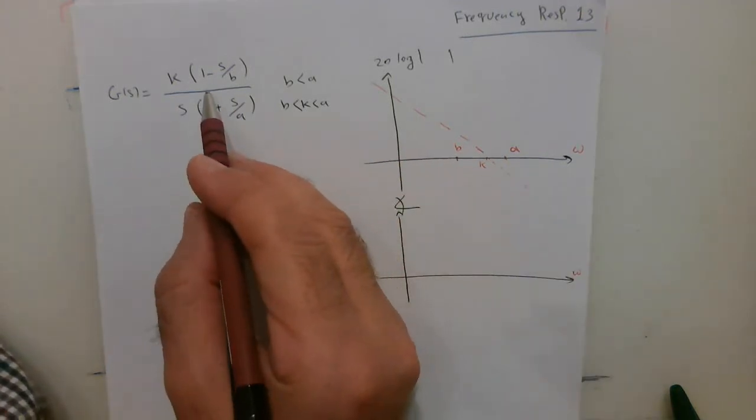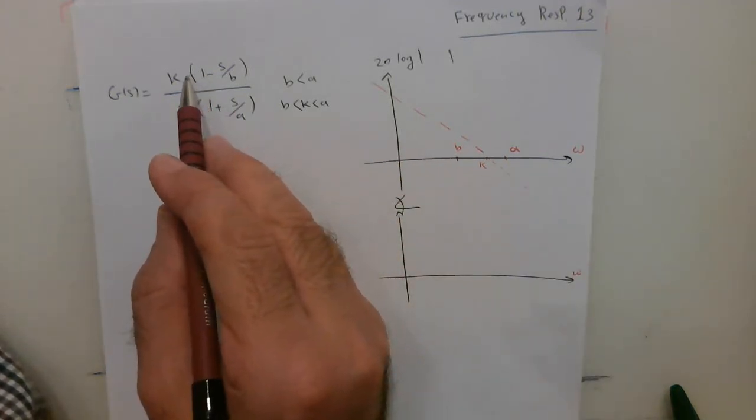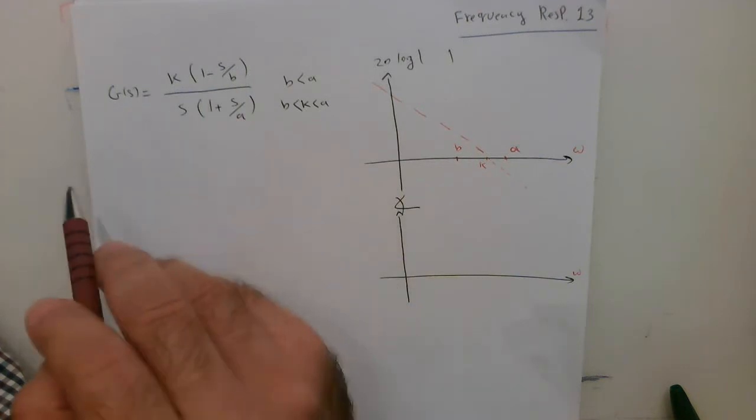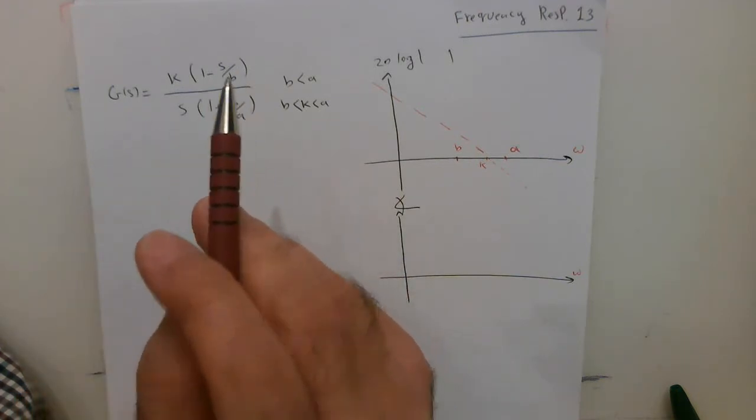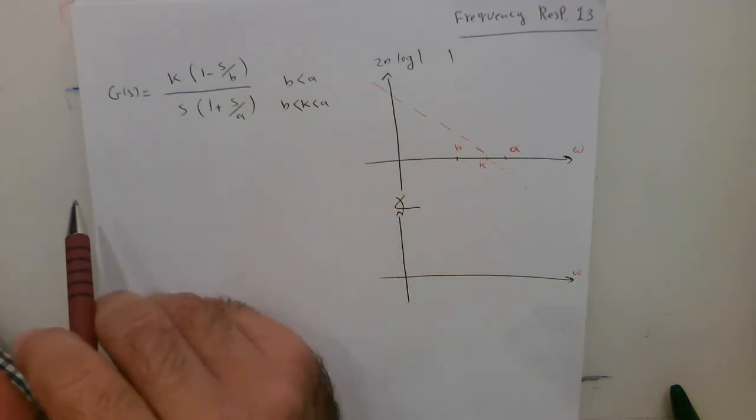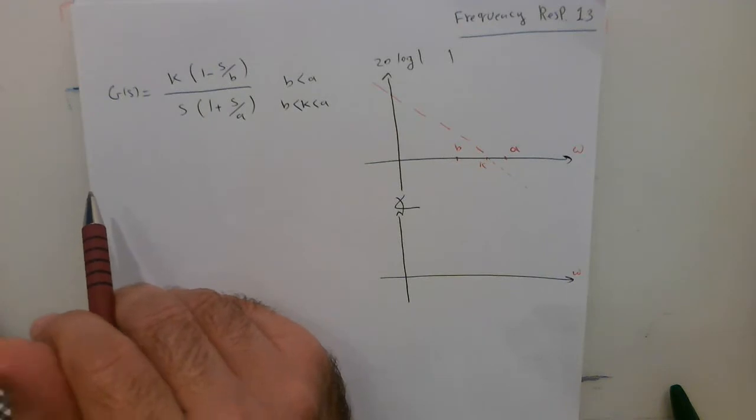Because of the 0, the slope of the magnitude will increase by a factor of 20 dB per decade.